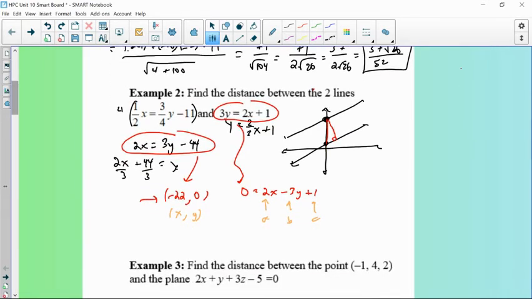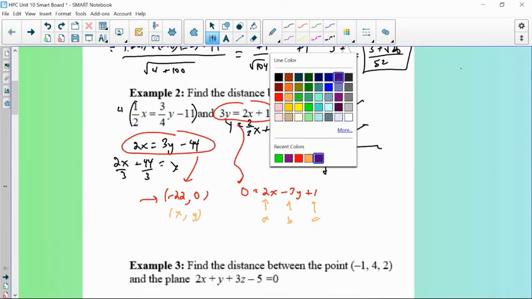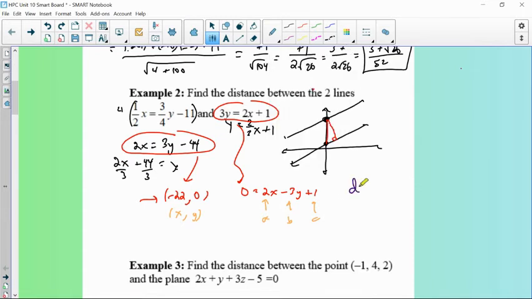Okay, so then we put it into the formula, which we know is distance is equal to the absolute value of ax plus by plus c, all divided by the square root of a squared plus b squared. So then we can put in our values. Our distance is a, which is 2 times negative 22, which was x, plus b, which is negative 3 times 0, and then plus c is 1, all over the square root of a squared plus b squared.